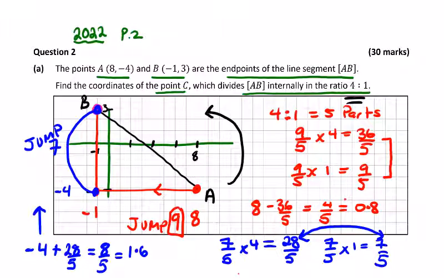We have our x value is 0.8 and our y value is 1.6. 0.8 about here, and 1.6 will be about here. You can see it's on the graph, and here's my ratio of 4:1. And this is the point C.